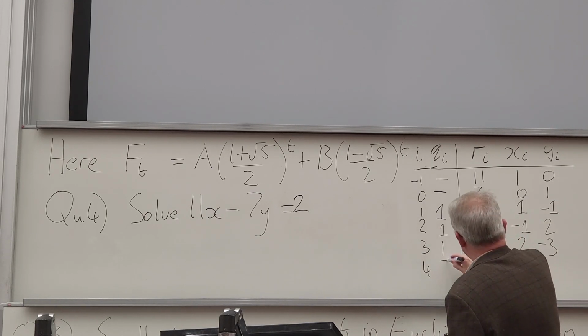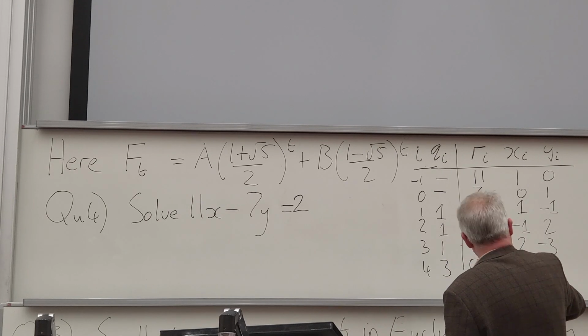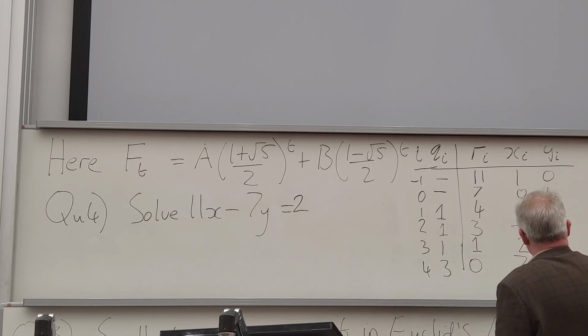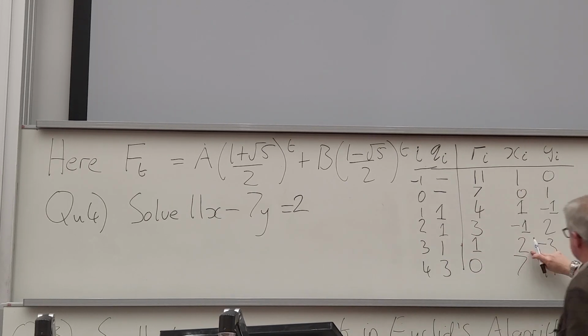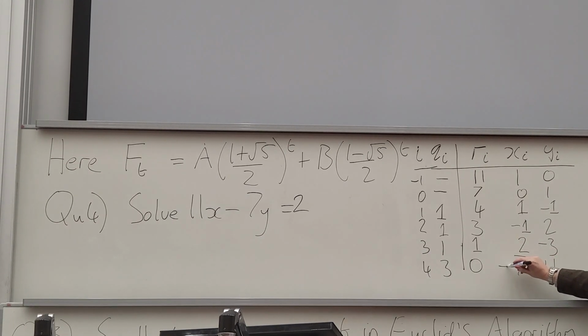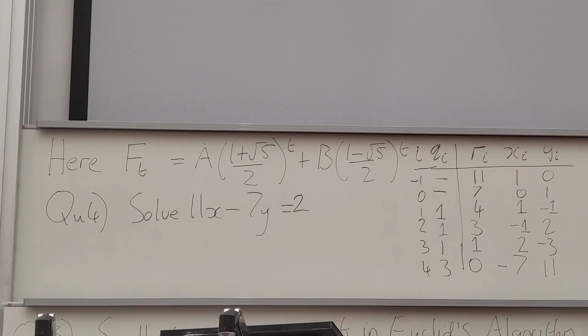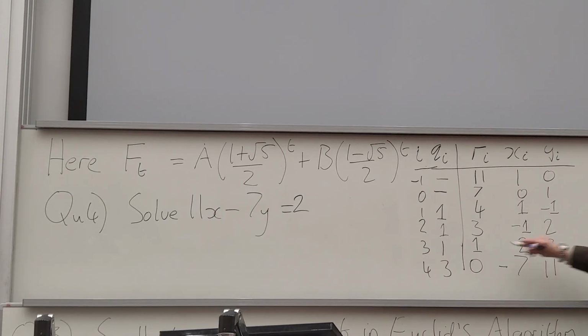And then finally, you get a 3, 0, 7, and minus 1. I should get a minus there, shouldn't I? Minus 1, minus 3 2's, minus 7. And so the highest common factor is the last non-zero remainder.